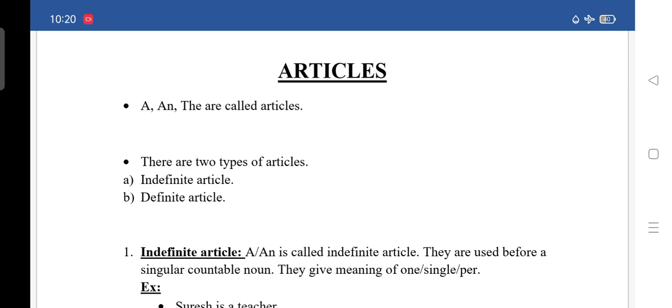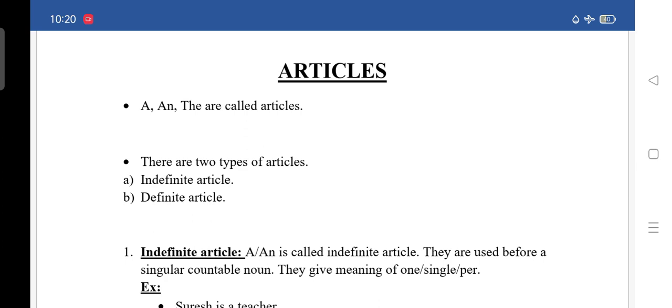Third, he is the student who got the first rank in the examination. You may be thinking, Miss, here also it is student. We are not saying students. Then why are we writing the before the student?